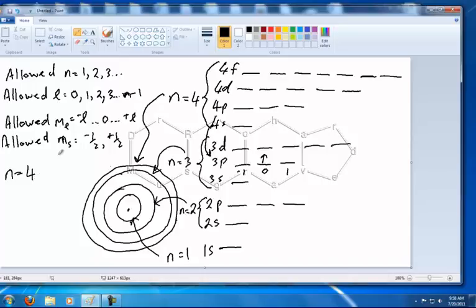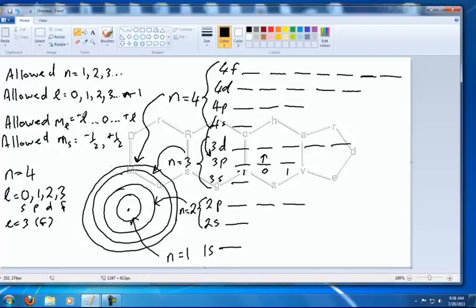Now if n equals 4, that means the values allowed for L would be 0, 1, 2, or 3. What that means is we can have an S, a P, a D, and an F. So if we've got a value of n equals 4, we can have 4S, 4P, 4D, 4F. Now if we let L equals 3, which is an F, then we can figure out how many of these lines we're allowed to have.